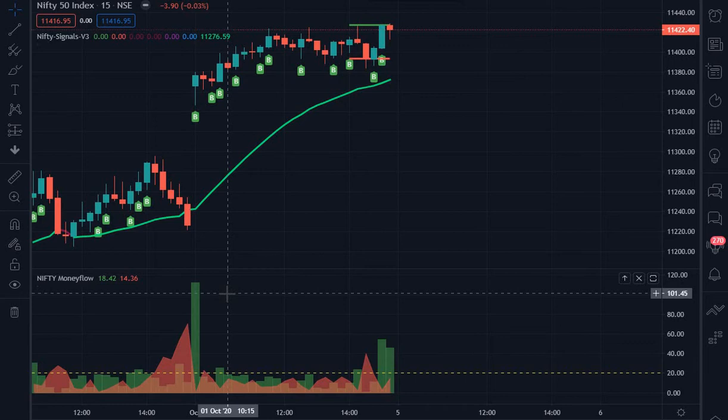Now, how exactly does this help us? Firstly, this helps us in never blowing up our account. Why? Because you immediately know when the trend has changed and you need to cut your positions. It not only tells you when to square off your whole position, it also tells you when you should be squaring off partial positions.